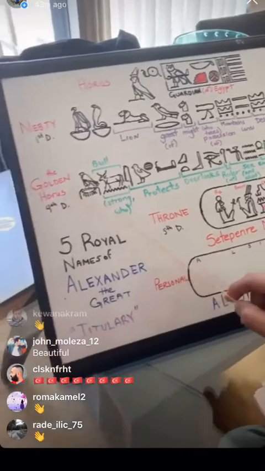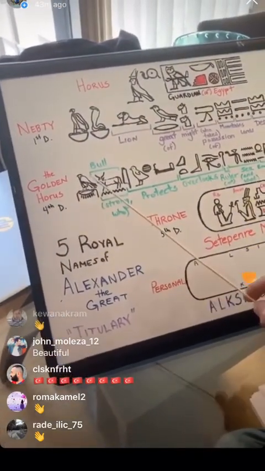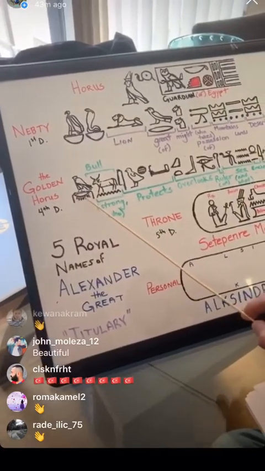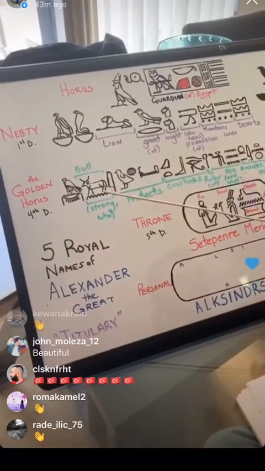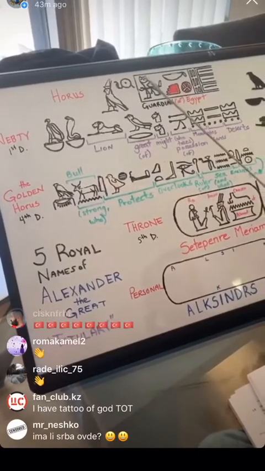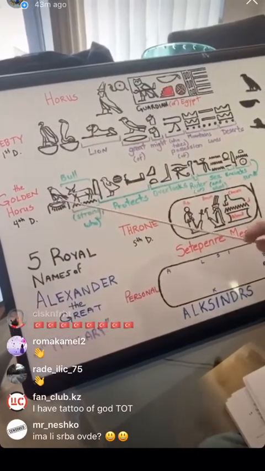The third name is known as the Golden Horus. This is attested in the 4th dynasty. It means the Golden Horus because you have the Horus on top of a symbol of gold, nbw. Gold is traditionally considered the skin of the gods.